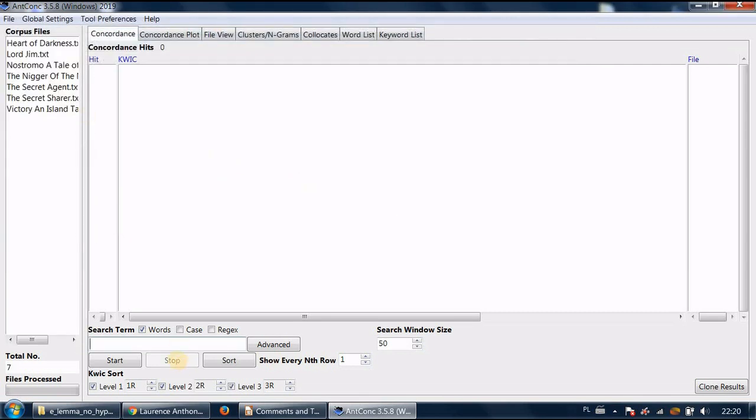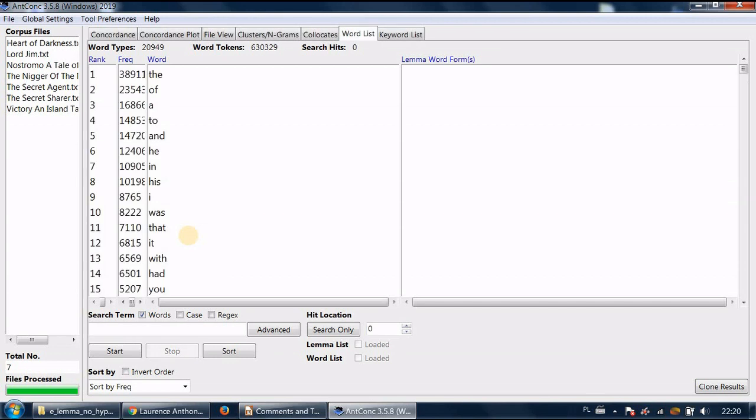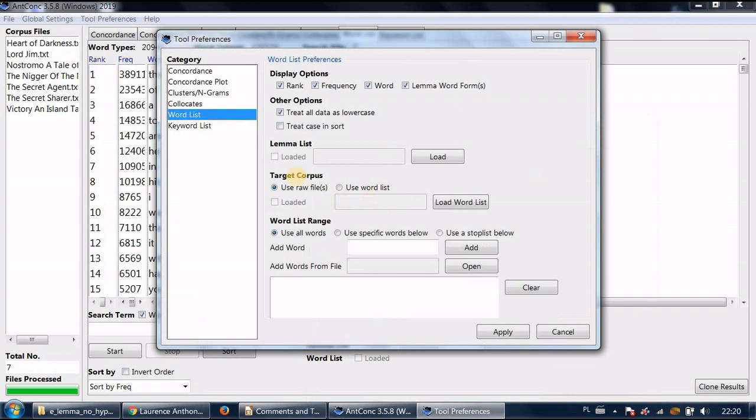And now we can create our word list, obviously, but what I want us to do now is to create a lemma list instead of a word list. So instead of that, we need to go to the word list tool, and we need to load our lemma list. So here is the option.